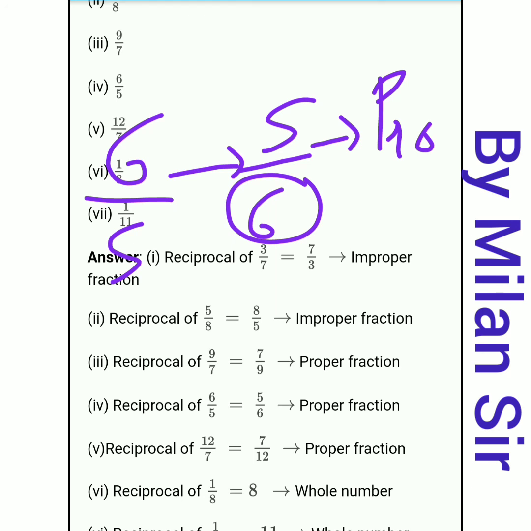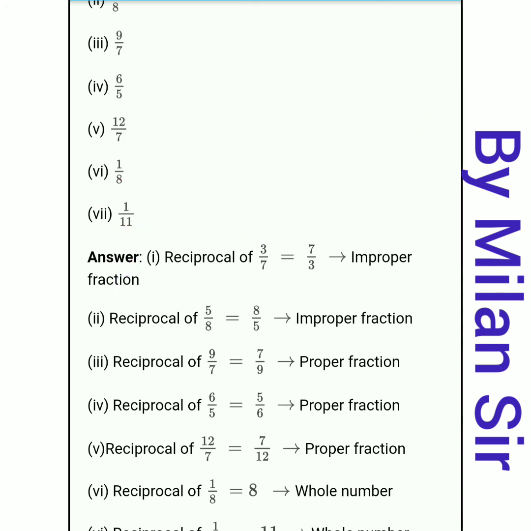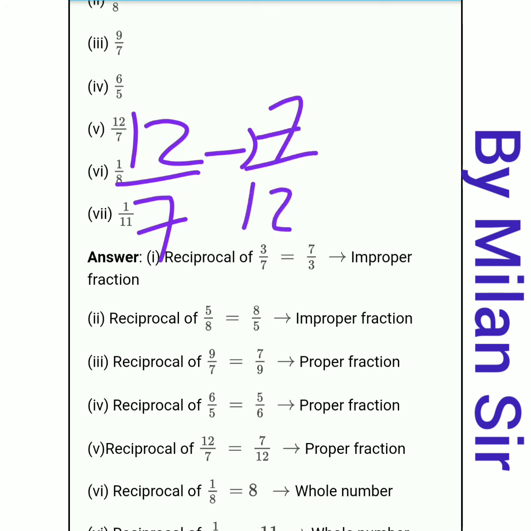Then question number 5, 12 by 7. Now reciprocal of 12 by 7 is 7 by 12. We need to change the numerator and denominator, and in 7 by 12 the denominator is greater than the numerator, so it is again a proper fraction.